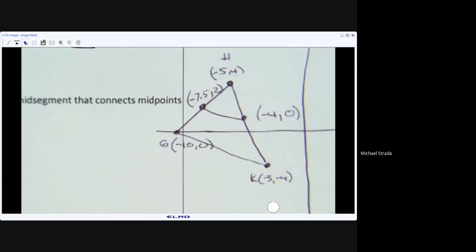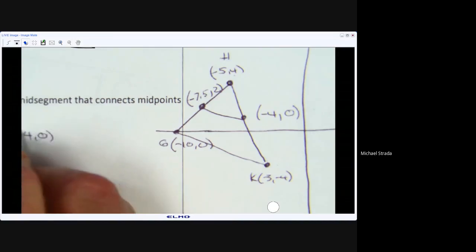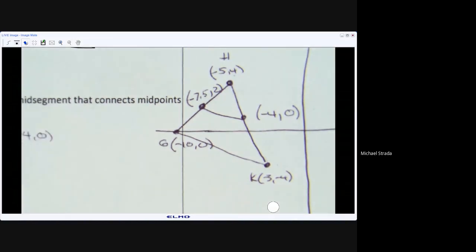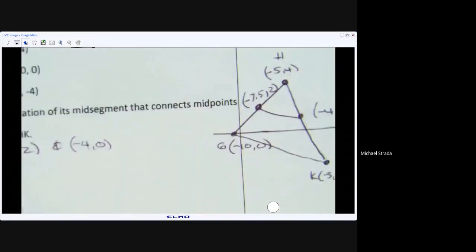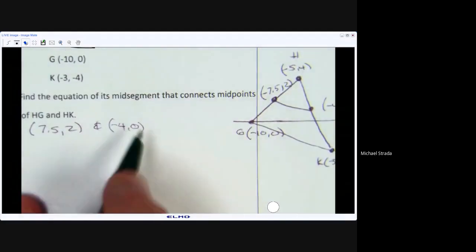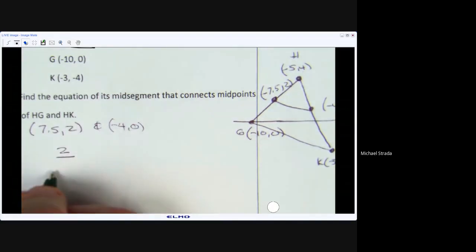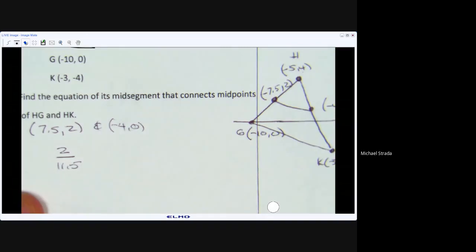All right, so I'm finding the equation that connects -7.5, 2 and -4, 0. All right, the slope, 2 minus 0 is 2. 7.5 minus -4 turns into 7.5 plus 4, which is 11.5.